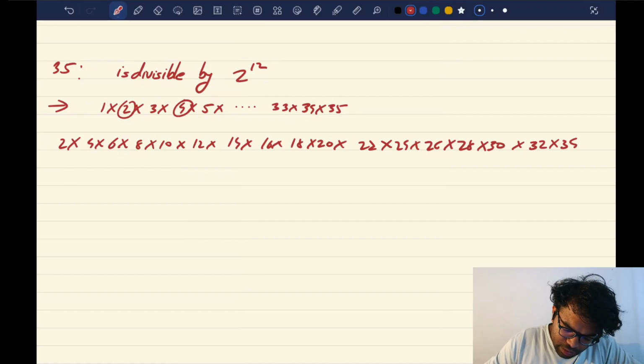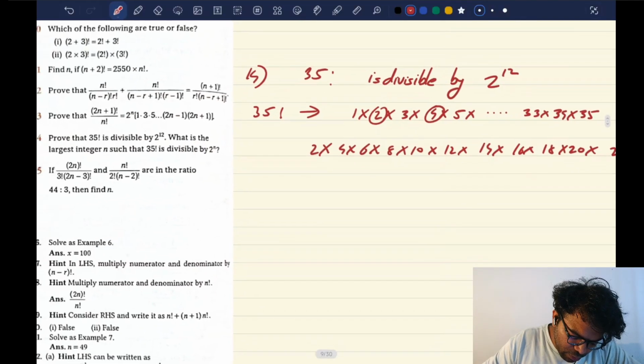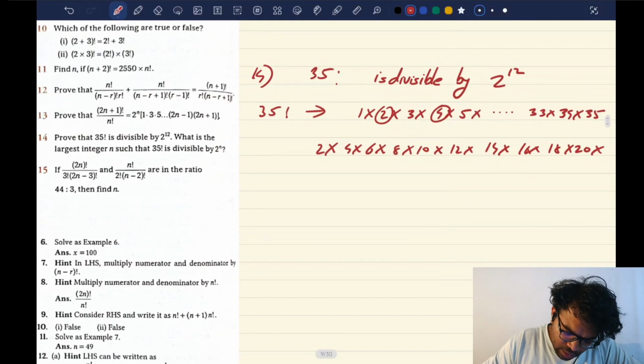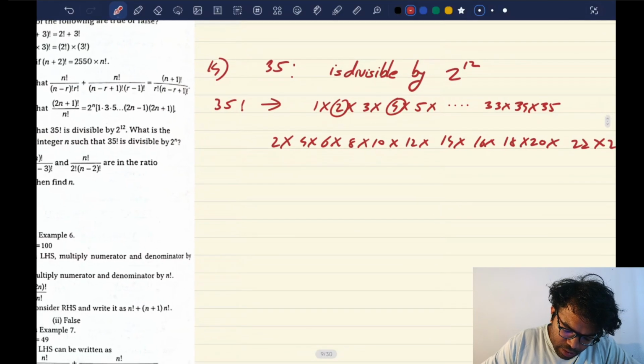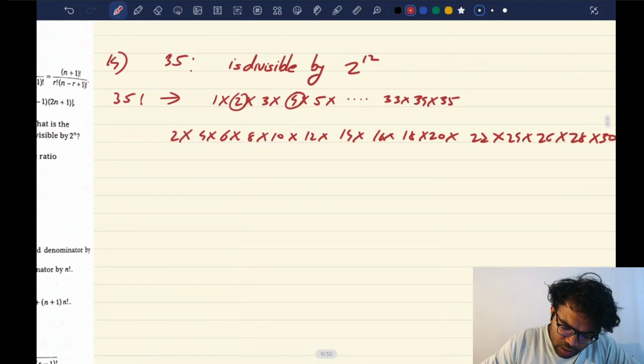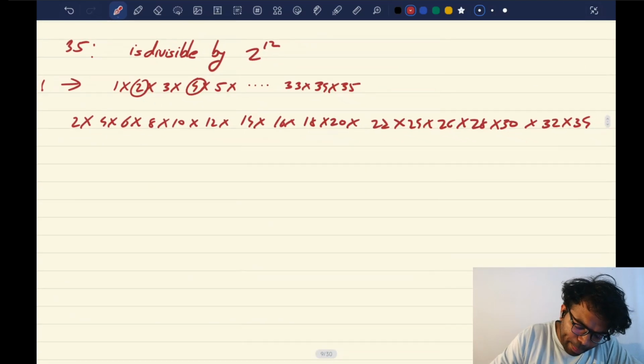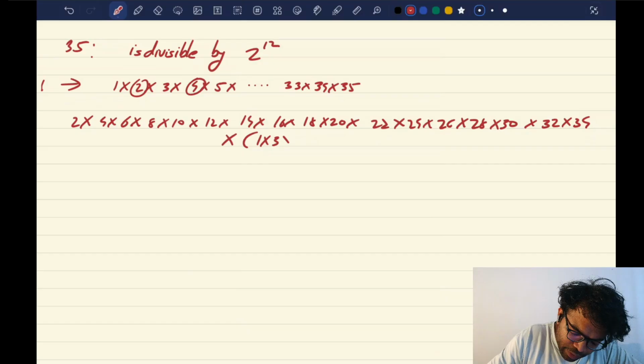My god, we just want 2 to the power of 12, right? I don't think we have to use all of them. This will be multiplied by 1 into 3 into 5 into 33 into 35.